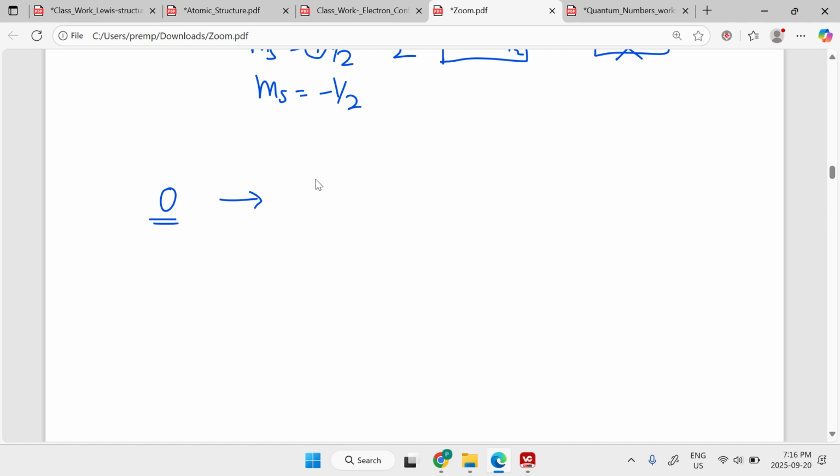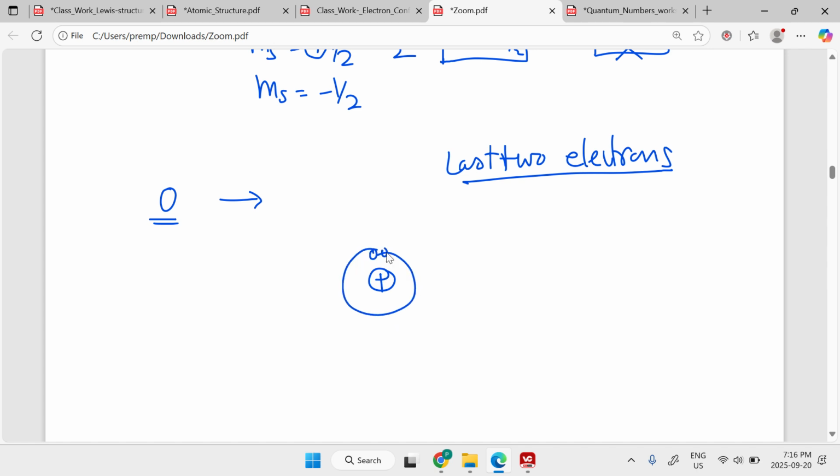Say we are going to talk about the last 2 electrons of it, and how the values of those quantum numbers will be for these last 2 electrons. So you can see our electrons will be distributed here. In oxygen we have 2 electrons in the first shell, then we have 6 electrons around it.